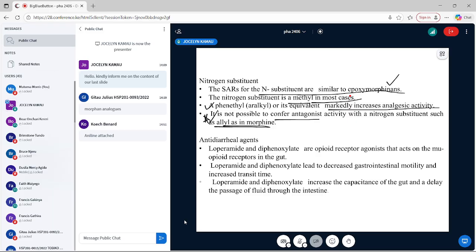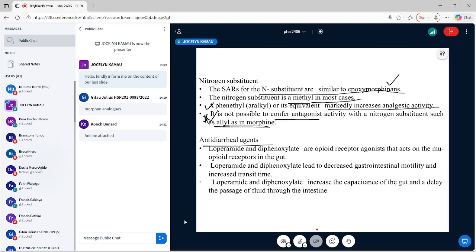When you do that, the resultant compound is an antagonist. But as you continue changing the molecule, you reduce the antagonist activity, you come to partial, to mixed agonist-antagonist, until you get to the phenylpiperidines, where we cannot develop antagonist activity.